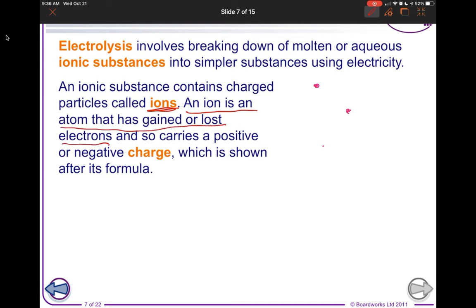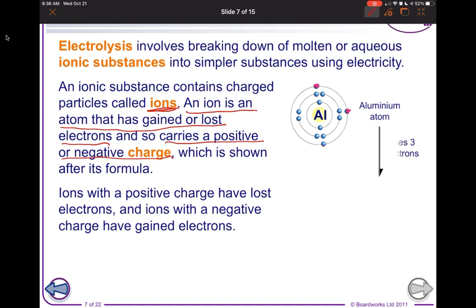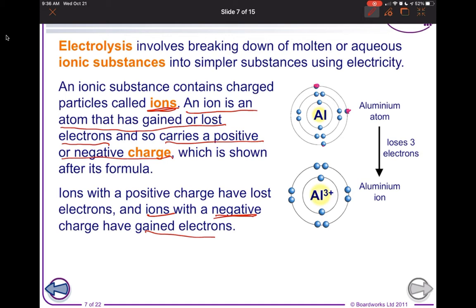So that means it either carries a positive or negative charge, which is shown after its formula. So ions with a positive charge have lost electrons, and ions that have gained electrons are negatively charged.